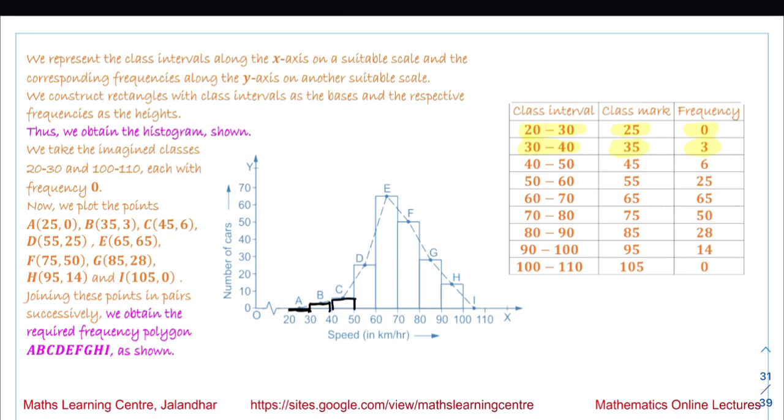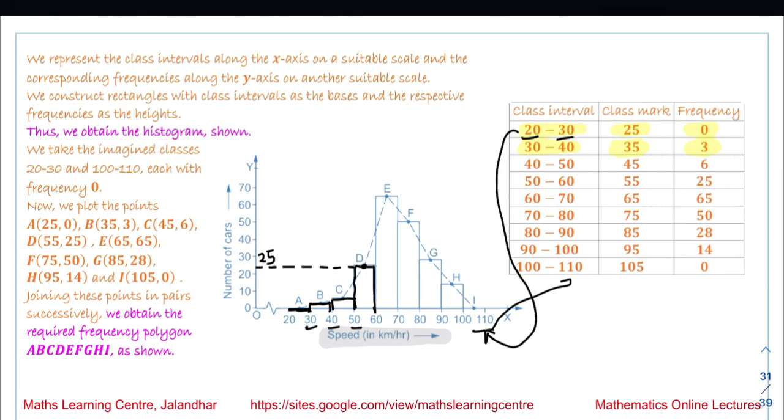Next the frequency is 6. Next the frequency at this point is 25. So how are we drawing this? On the x-axis we are taking the speed. The points we are marking over here are 20, 30, 40, 50 up to 100, 10.